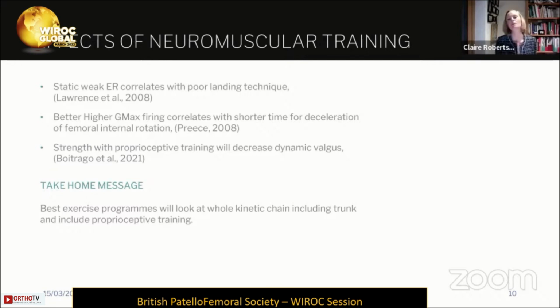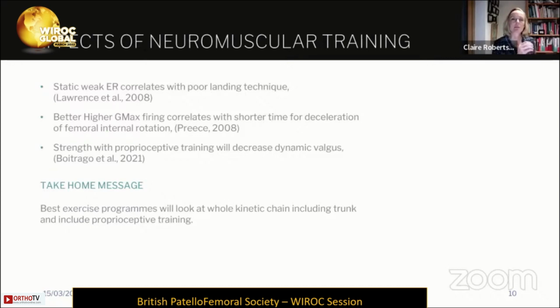And conversely, if we get better glute max firing on EMG, it correlates with a shorter time for deceleration of femoral internal rotation. That's good. We don't want that internal rotation going on for a long time. We have to have some in the gait cycle, but we don't want long, undesirable patterns. So if we improve gluteus maximus, we shorten that internal rotation time.